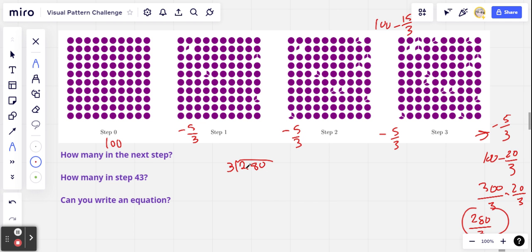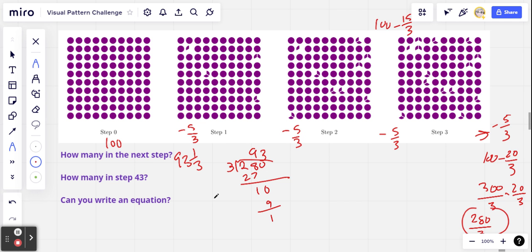How many 3's go into 2? None of them fit in there. How about in 28? 3 times 9 is 27. And that would leave 1, bring down the 0, 10. How many 3's in 10? That'd be 3. And then we multiply, get 9. So 1 left over. 1's our remainder. That's 1 over 3. So this answer then is 93 and 1/3 circles in step 4.